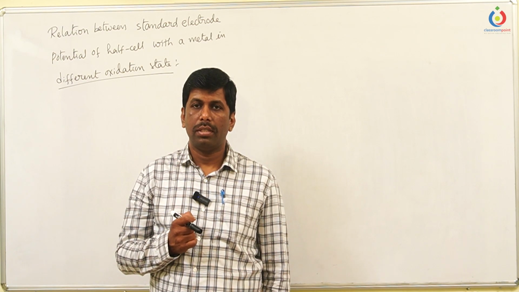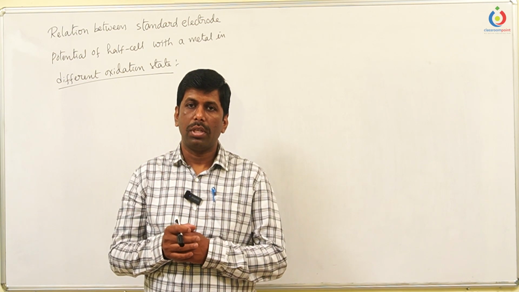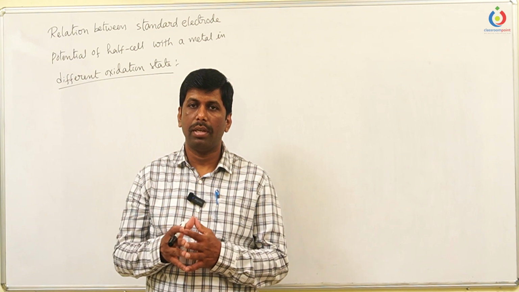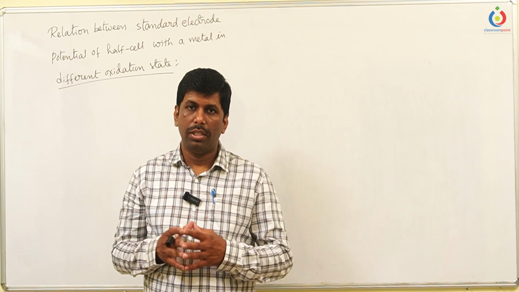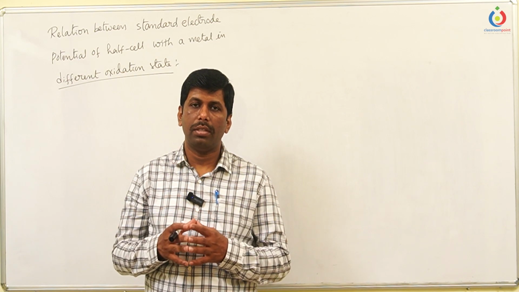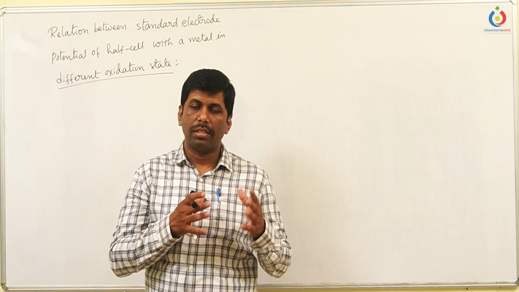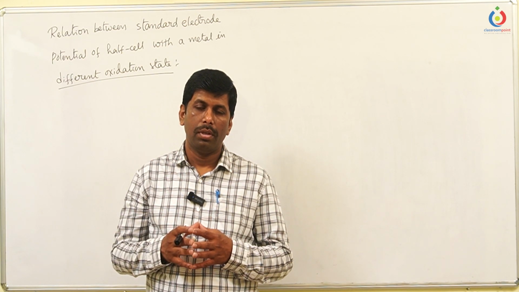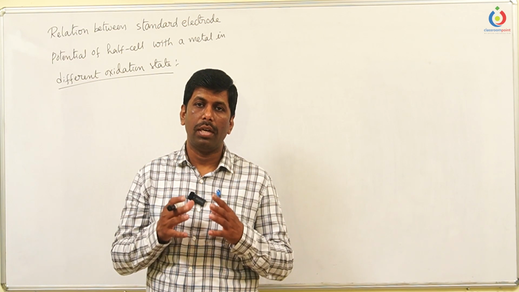So in such cases, joining or subtracting the potentials of these two electrodes directly is not possible. Why? Because delta G naught, that means Gibbs free energy, is an extensive property, and moreover it is an additive property, whereas electrode potentials are not additive properties.